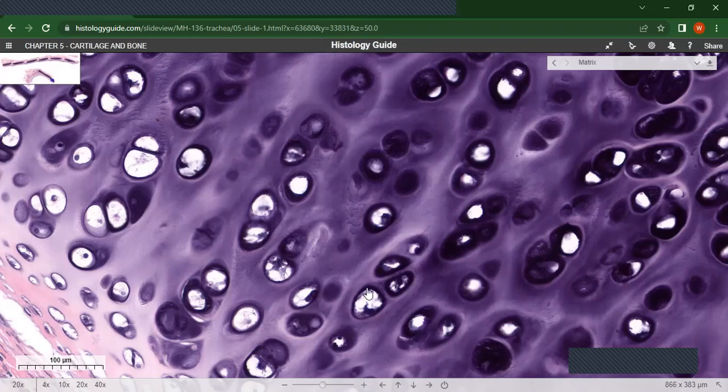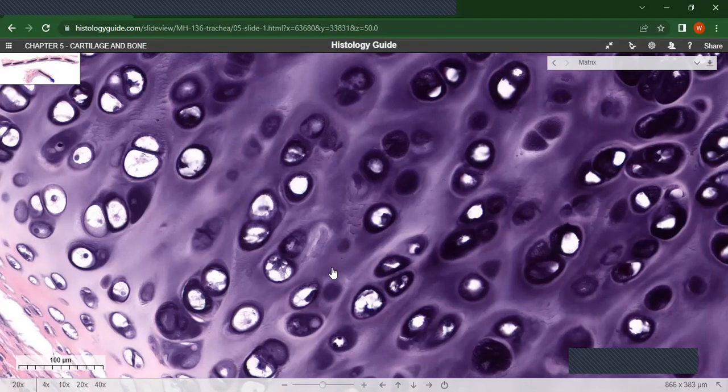So this matrix that surrounds a lacuna is the pericellular territory. Then we have a territorial, which is the region surrounding many cells, not a single one. Maybe this is a territorial.